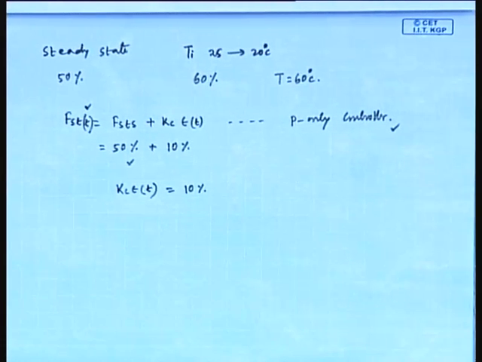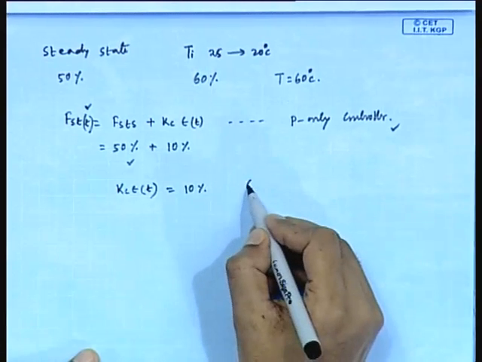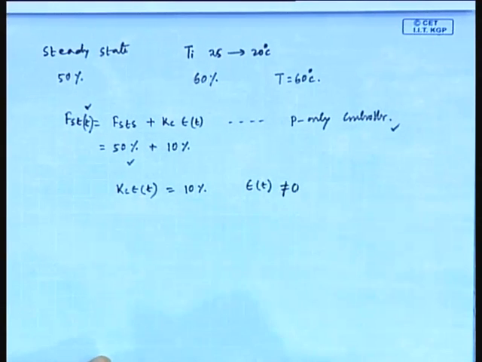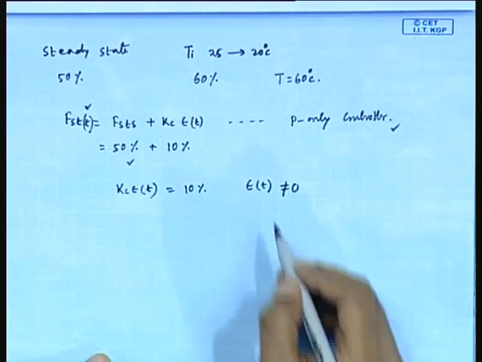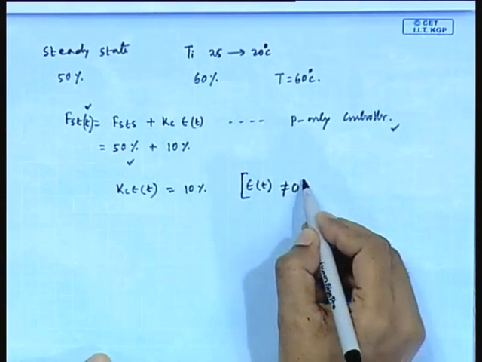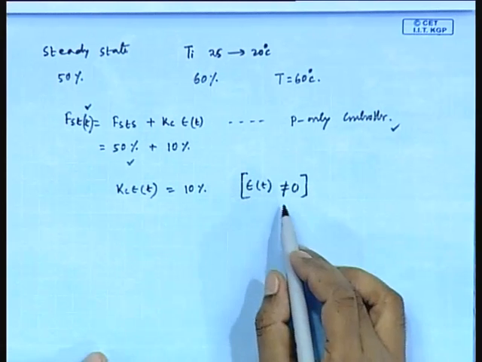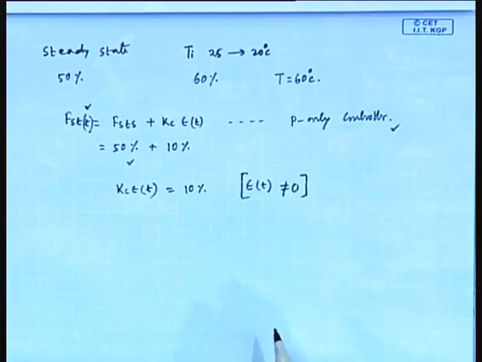So, how much is epsilon t? At least epsilon t is not equal to 0. If Kc epsilon t equals 10%, then epsilon t is not equal to 0, because the controller gain is non-zero.